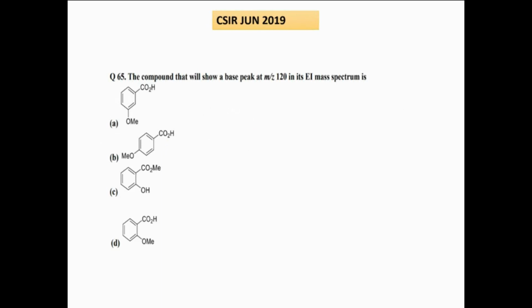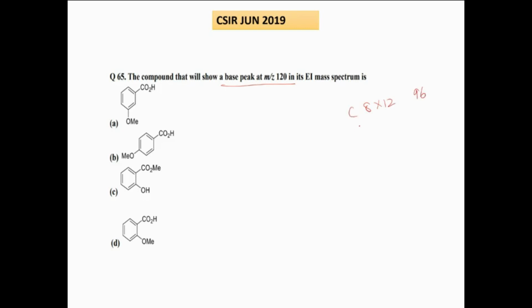Now tell me this. It's a slightly tough problem, but I'll let you know how to solve it. The compound that will show a base peak at 120. First find the mass of the molecule. What is the mass of this particular compound? They are all isomers. How many carbons? 6, 7, 8. 8 carbons. So 8 into 12 gives 96.